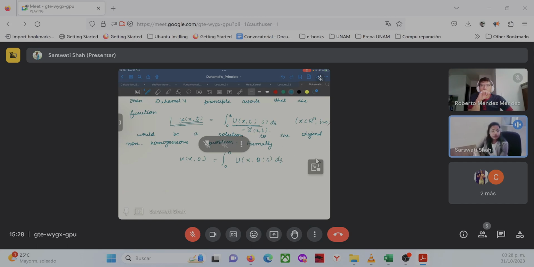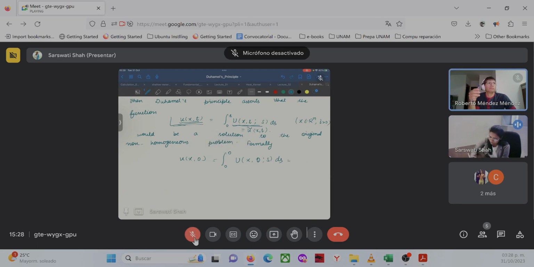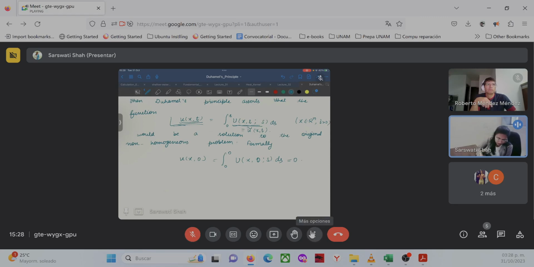And what will be the value of this integration? The integration from 0 to 0, what will be the value? 0. Formally, u of x comma 0 equals 0, and when we take the derivative of this, ut and then uxx, it is going to satisfy the equation ut minus Laplacian of u equals f. Let's see.